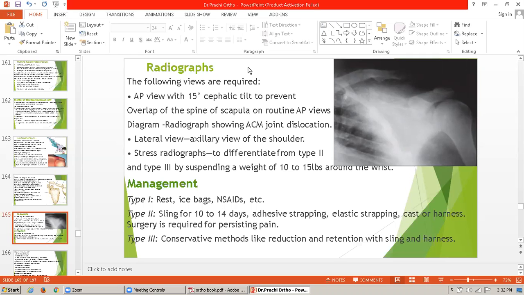Surgery is required for persisting pain. For type 3, the conservative method is reduction and retention with the sling and harness.